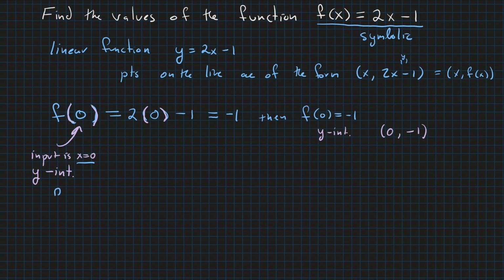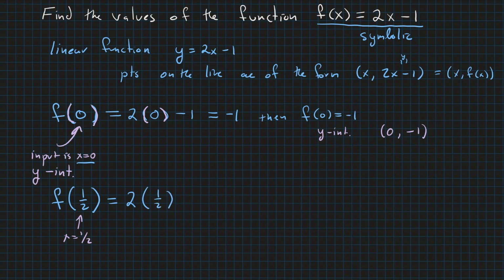If we want to evaluate at some other value of, say, 1/2. So again, what this means is that our input means x is equal to 1/2. That is essentially looking at the x-axis going to 1/2 and figuring out what that y value is on the function. And then to do that, you plug it in. So now we have 2 times 1/2.